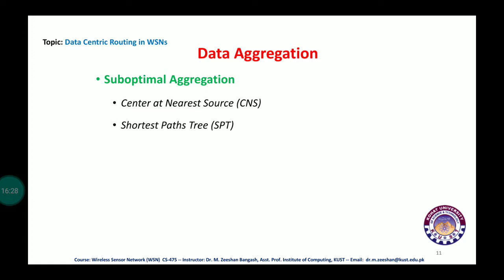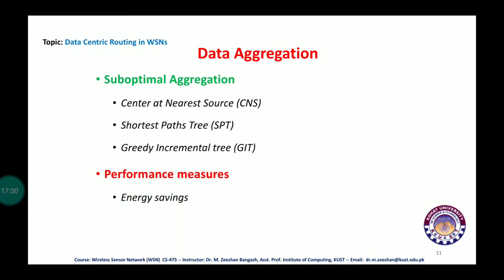Whatever the shortest path is, the data aggregation is performed along it. Then there is another suboptimal aggregation technique, which we call GIT, or greedy incremental tree. So you can choose any of the suboptimal aggregations based on the design, whether you are following the shortest path, or you want to create a center near the source, or you are following the GIT.